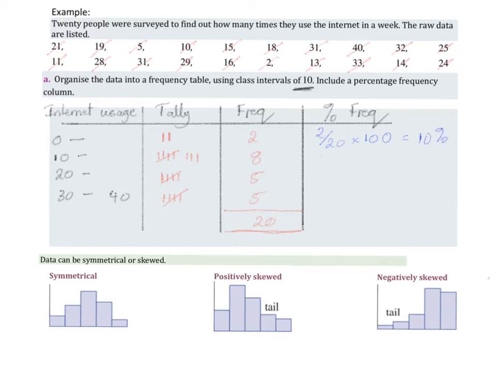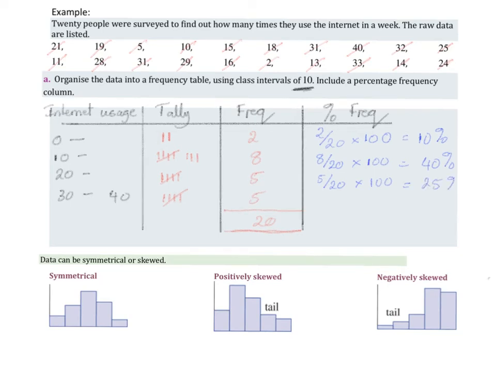The next one is 8 out of 20 times by 100. Put it into your calculator, you get 40%. And the next one, 5 out of 20 times 100, and you get 25%.